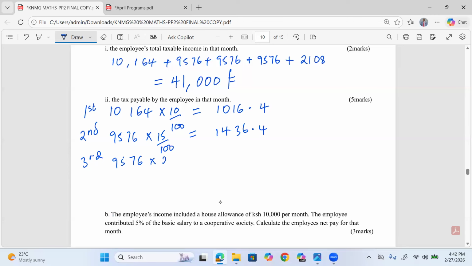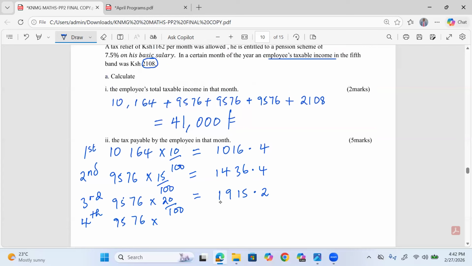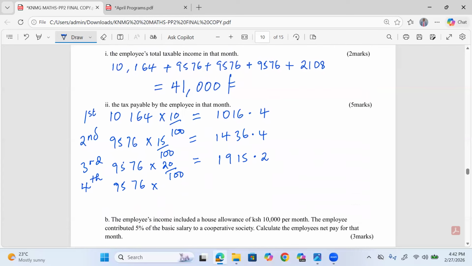The next, which is the third, is also 9576 at the rate of 20% according to the table. So 9576 by 20% is 1915.2. In the fourth, we have the same 9576 times 25%.